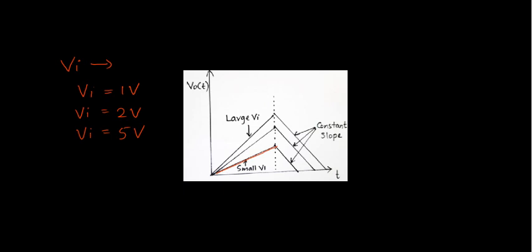This is 2 volts, and you have one more voltage that is 5 volts, right? So depending upon the input voltage, whether it is 1 volt or 2 volt or 5 volt, the slope of the curves here till TINT changes, because the time is fixed. As the value of the voltage changes, obviously the slope changes here, right?